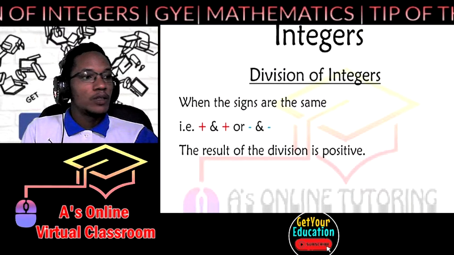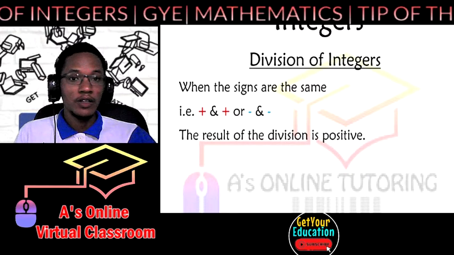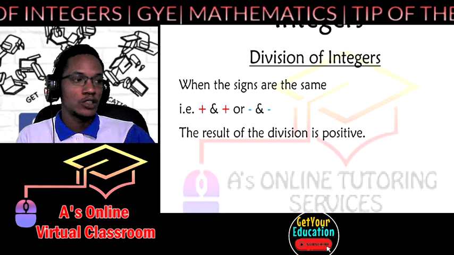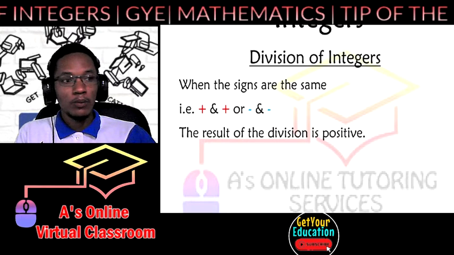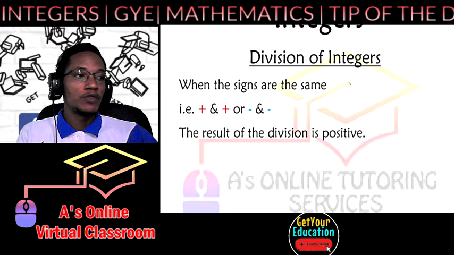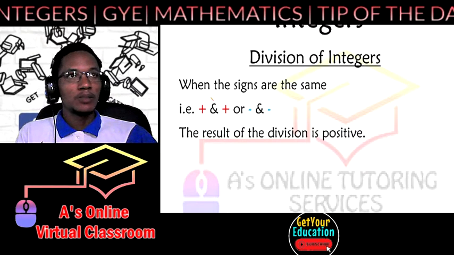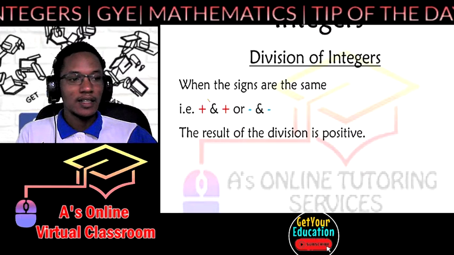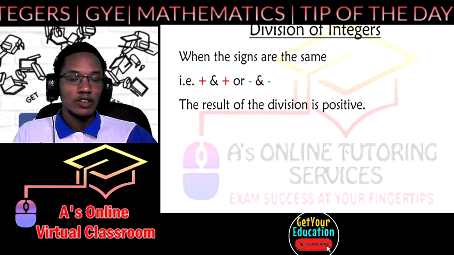When we're dealing with the division of integers, remember that integers are positive or negative whole numbers. When it comes to dividing these integers, similar to multiplication, when the signs are the same, the result of the division is positive. Let's get some examples.